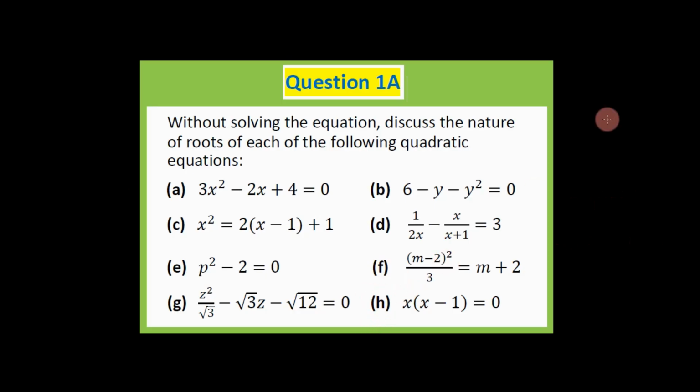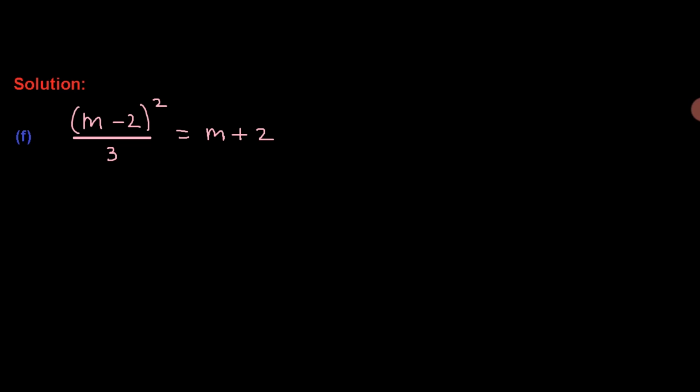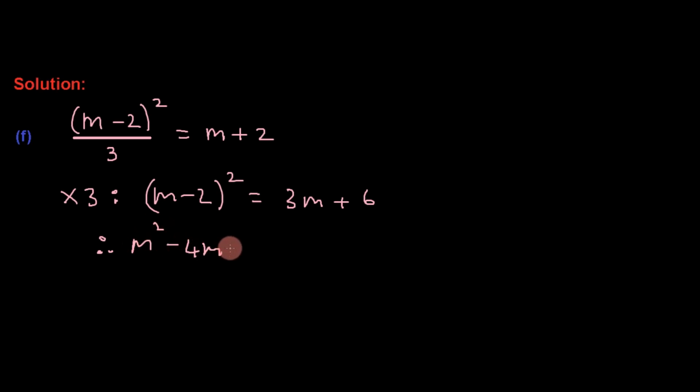Then coming to F, we can first multiply through by 3 to get rid of the fraction on the left-hand side. Now we can square out the left-hand side. We can bring all the terms to the left-hand side and add like terms.